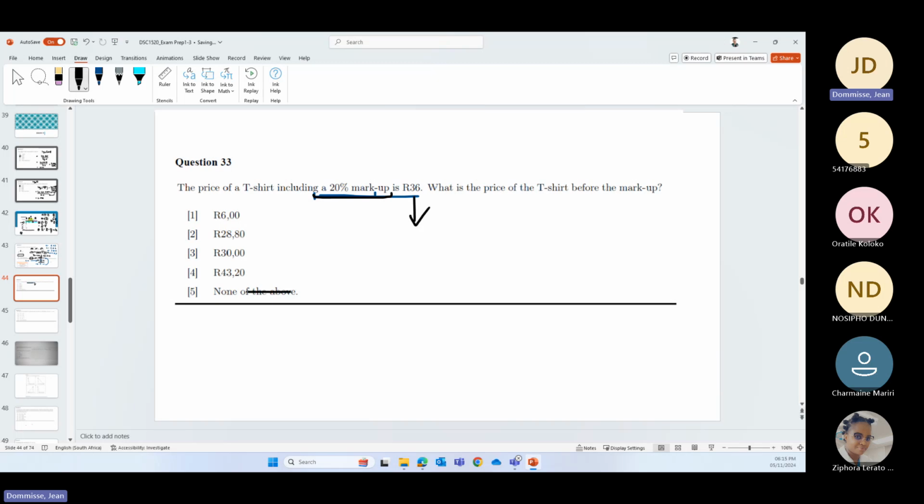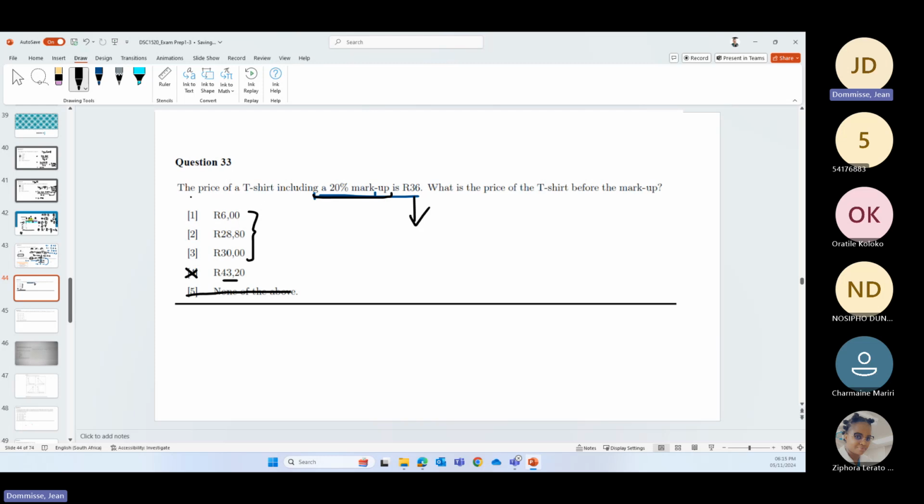If I look at the answers, there's no way that a t-shirt before a markup will be 43 rand, because it should be less. So now we're only looking at three options that you need to worry about.